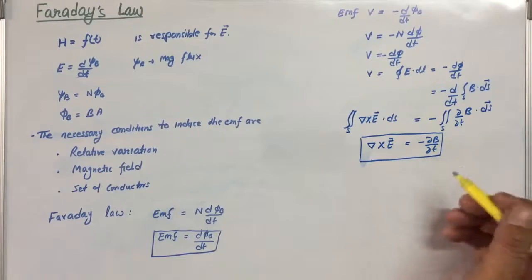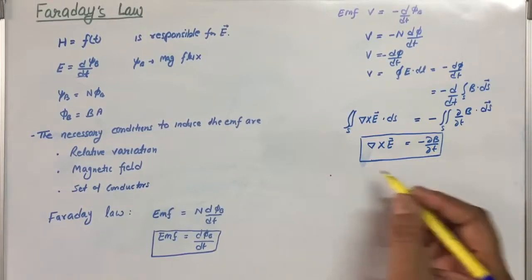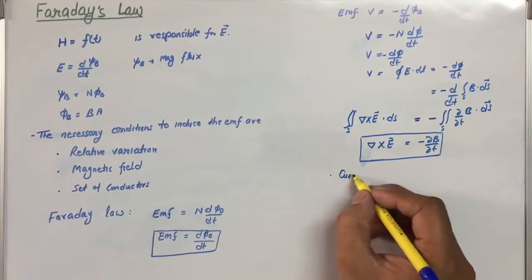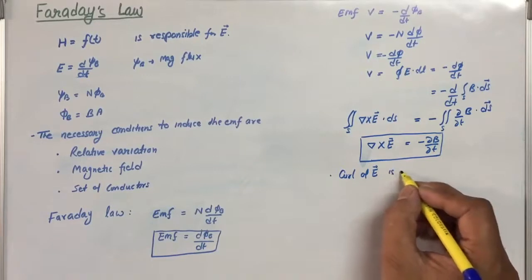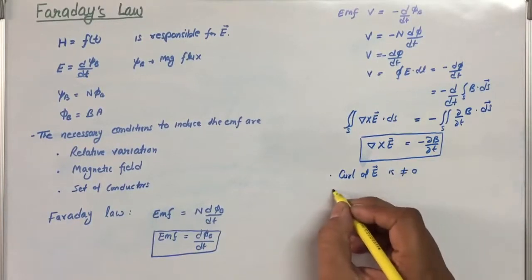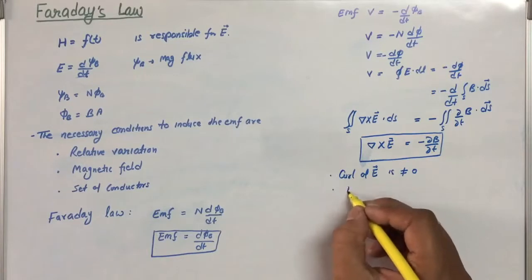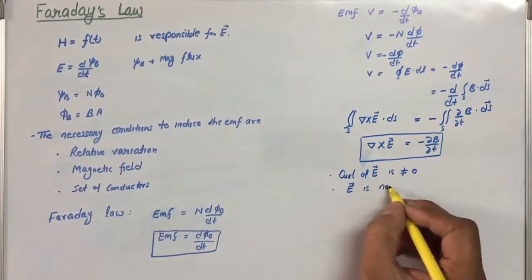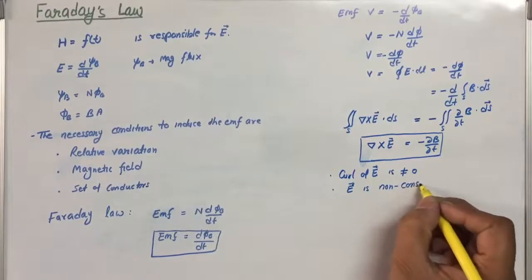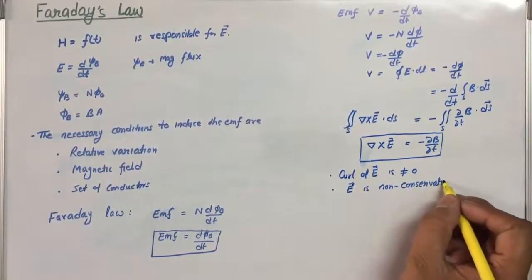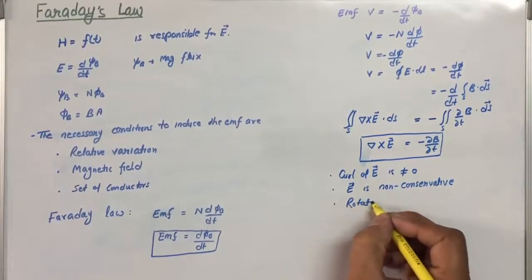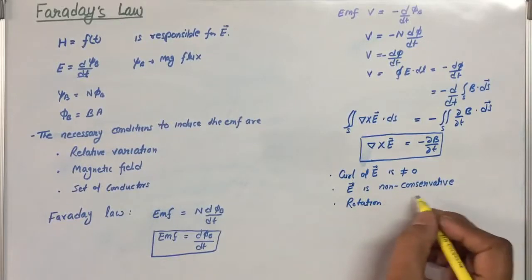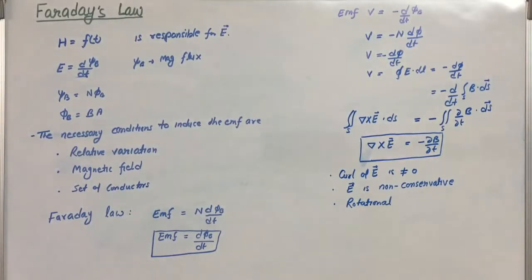So from here we can write one sentence related to this: curl of E is non-zero, and it means E is non-conservative and it is rotational due to non-conservative nature. So from this relationship we can relate this.